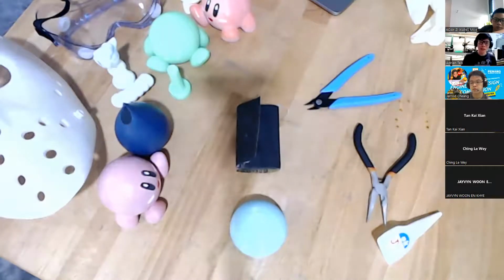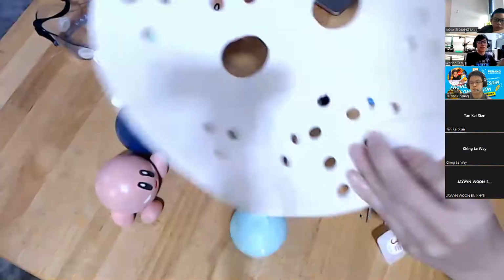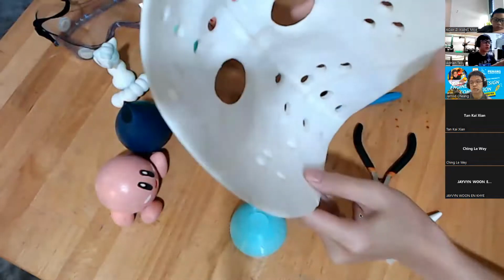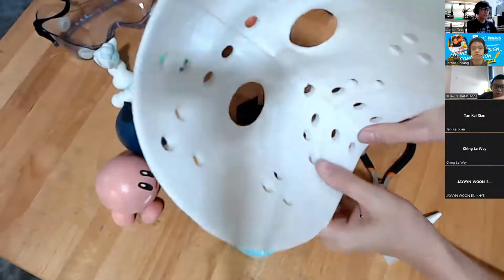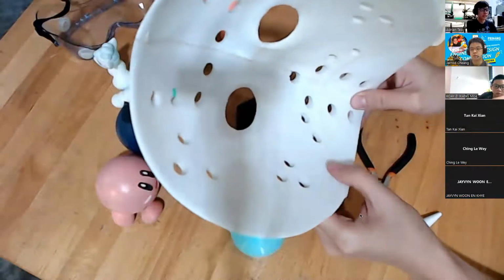Okay, so next part. I see another question. Can you cover the glue with paint? I'm sorry guys, but I think I'm the only one that sees all these questions. It's a direct message. So can you cover the glue line with paint? This one, right? Glue line. So you can't really cover the glue line with paint without taking additional steps.